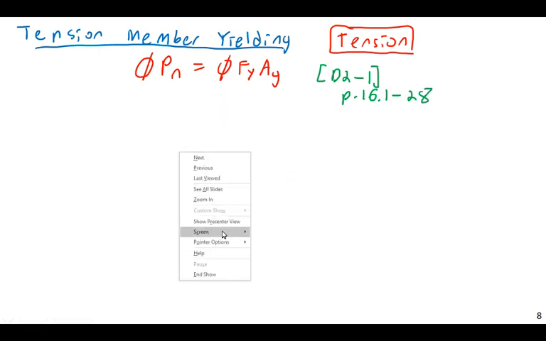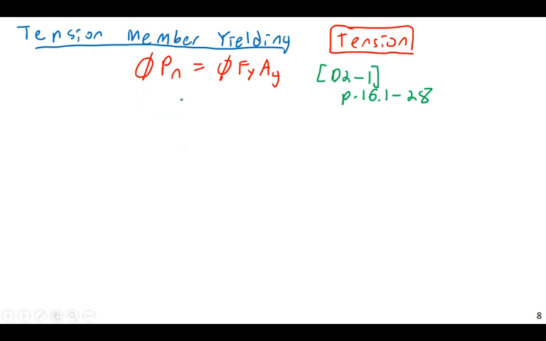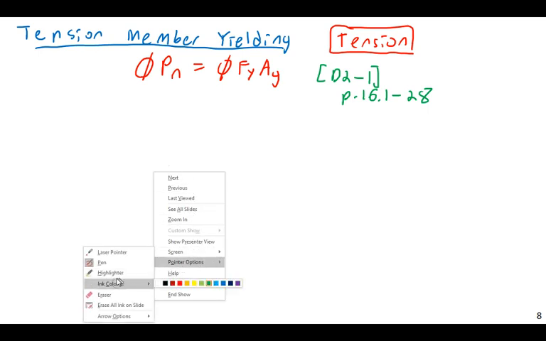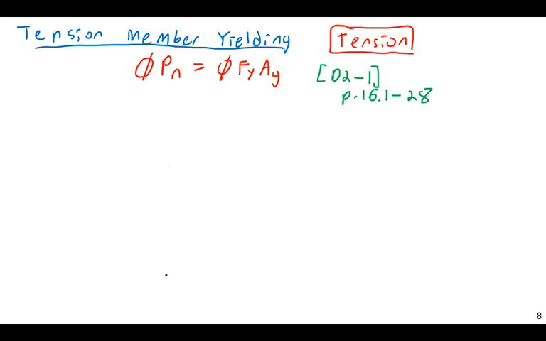Okay, so as we discussed in the second lecture, the difference between load factors and resistance factors: this phi is always going to be a resistance factor, and it's always going to be less than 1. The load factors are going to be baked into your ultimate load, say your Q ultimate. Now we can start seeing how the code chooses different resistance factors.